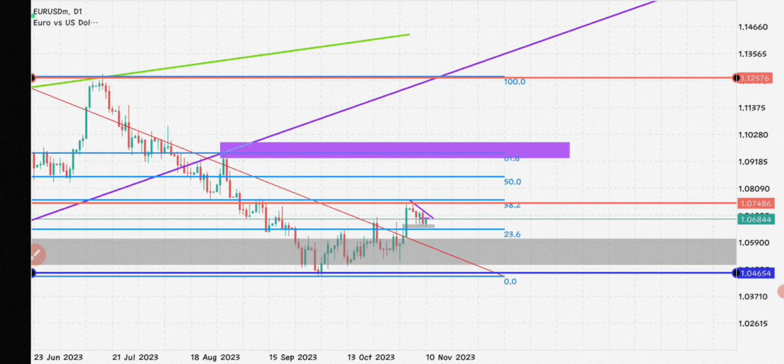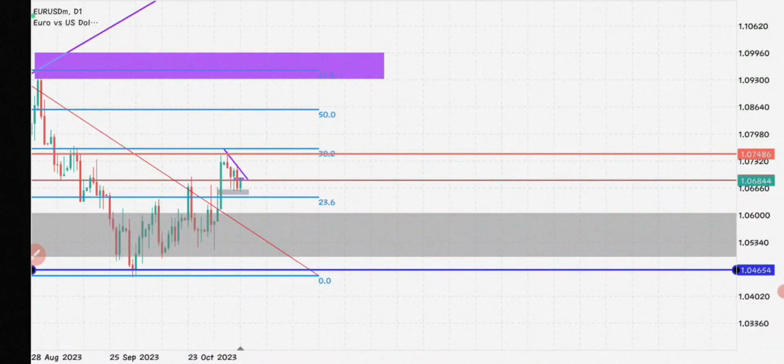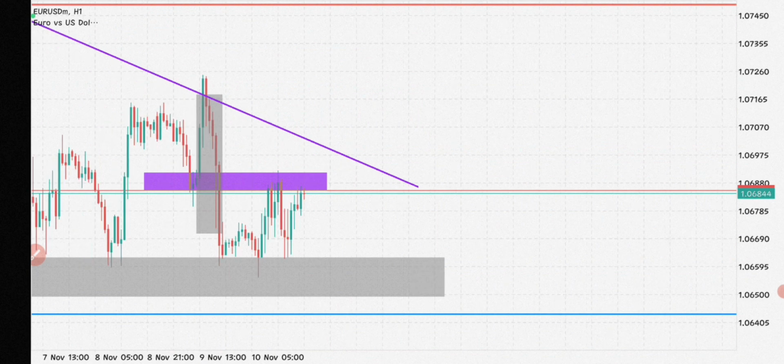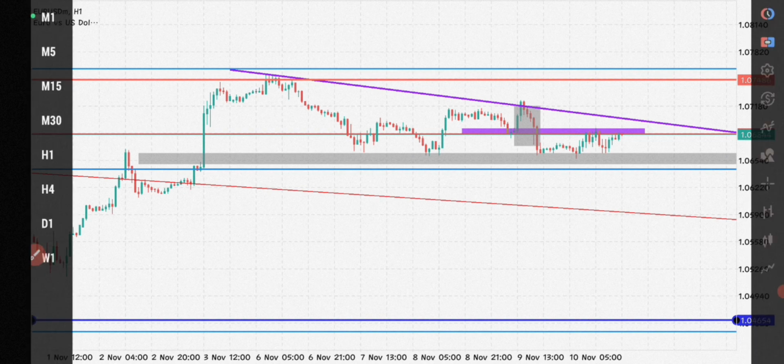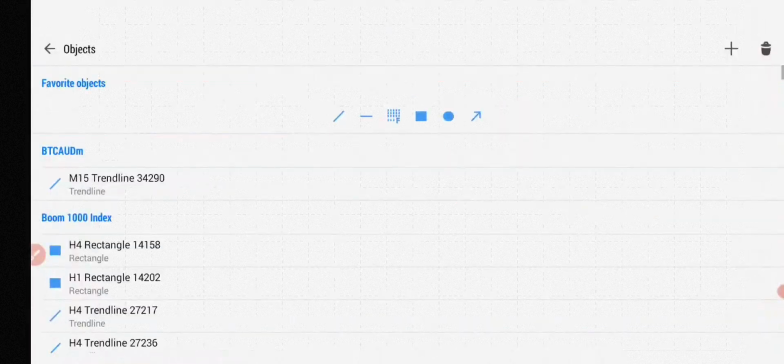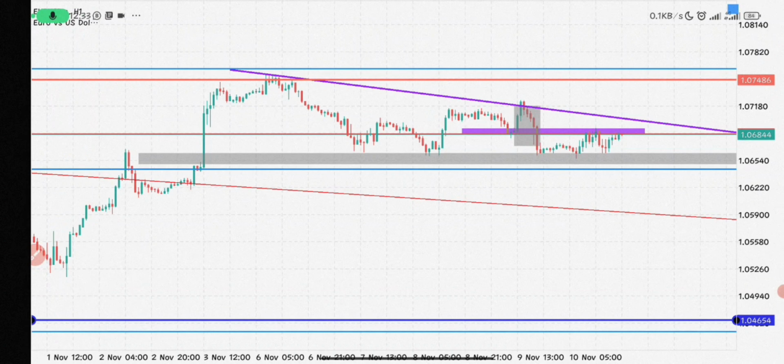If we go down to the 1 hour time frame, you can see clearly that the market is still pushing back up. The only thing that will change our perspective is this other block here.